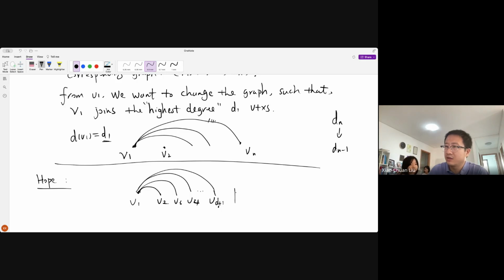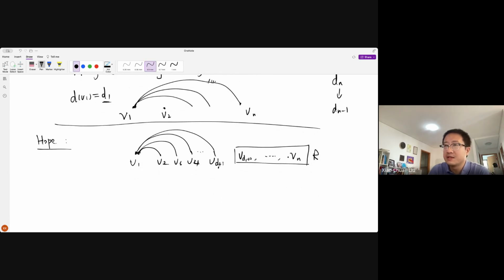And these are the remaining vertices, starting from V(D1 plus 2) until Vn. If this happens, I'm happy, because I want to delete V1 and all its D1 edges.